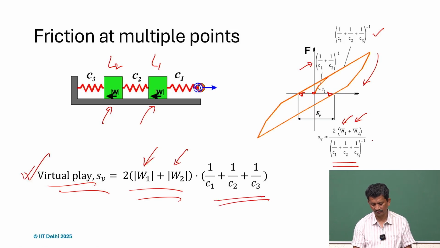So the inverse here we see. And as we keep adding things, we realize that the hysteresis curve is now getting smoother, but still we will have a hysteresis and virtual play in the picture.